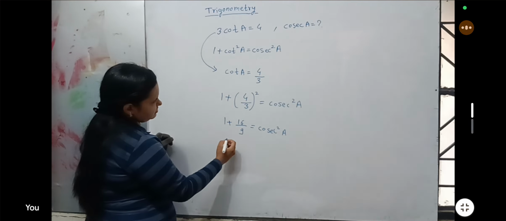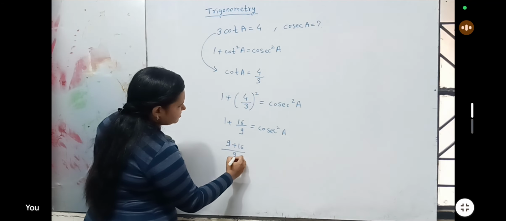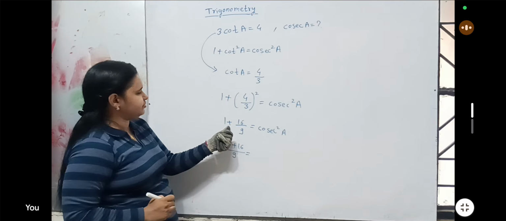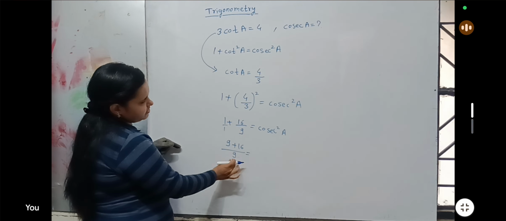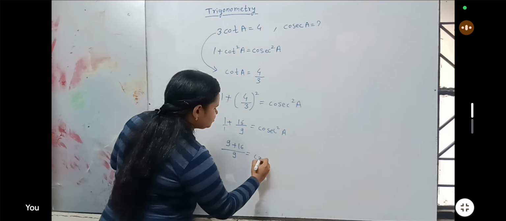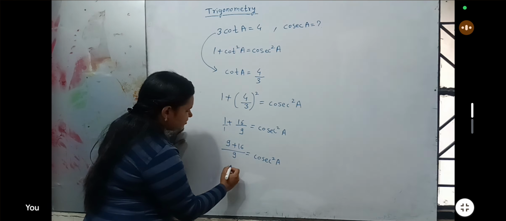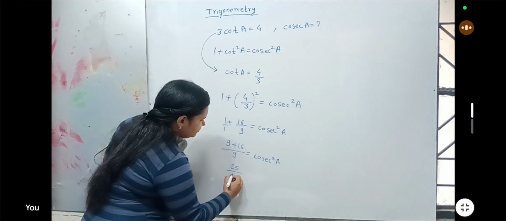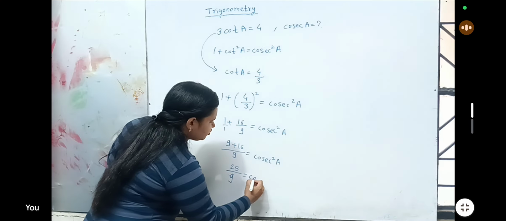Then here, 9 plus 16 upon 9. We have taken the LCM, that is 9, and we make this 9 plus 16 upon 9 equals to cosec square. Then 9 plus 16 is 25 upon 9 is equal to cosec square.